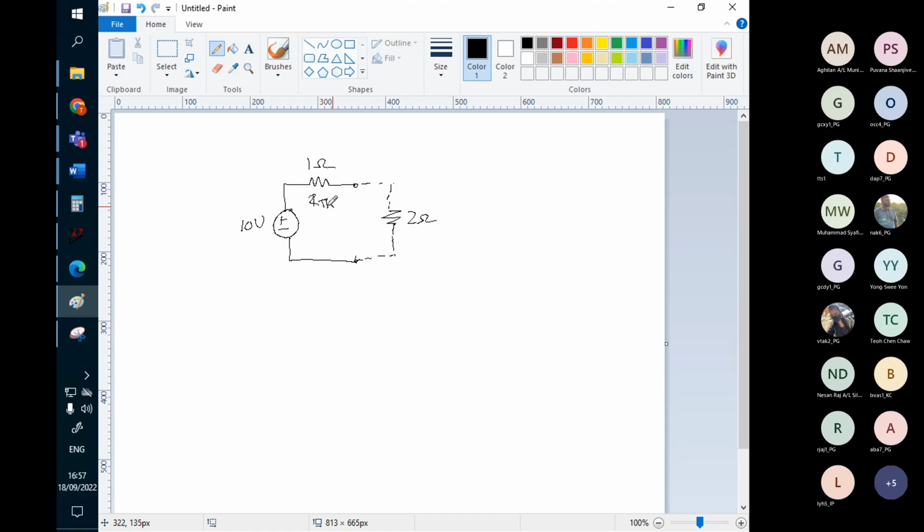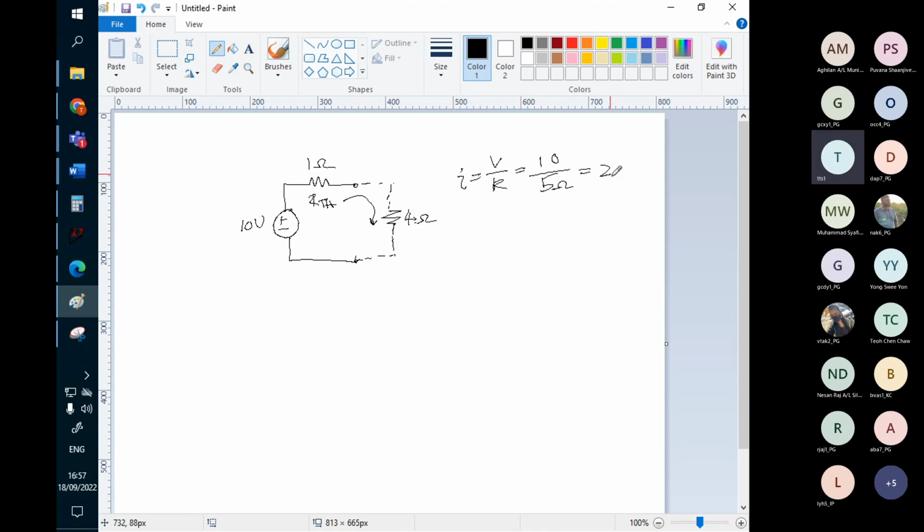So the power output here is equal to, first you need to find the... wait. Let's make it easier for us. Let's convert this one to 4 ohm, so that later when we divide it's easier. Okay, let's calculate the current now. So the current is equal to V over R. Only one voltage, 10 volt, over the total resistance, 5 ohm.